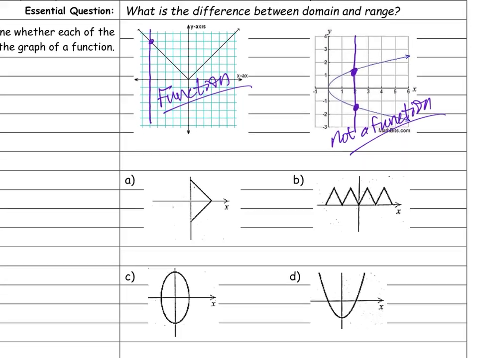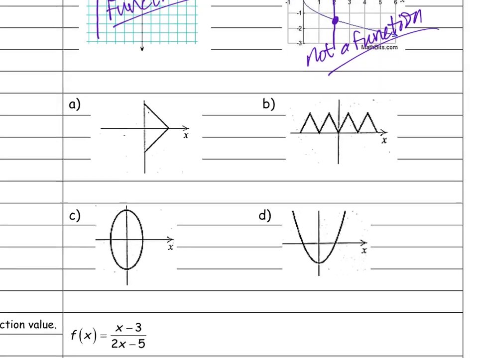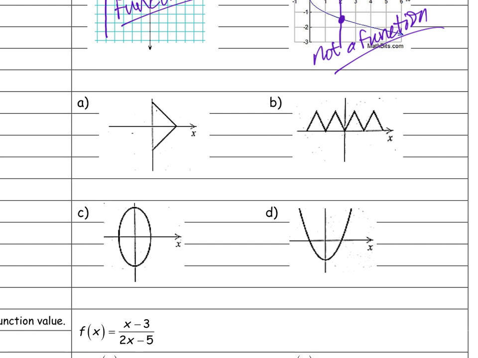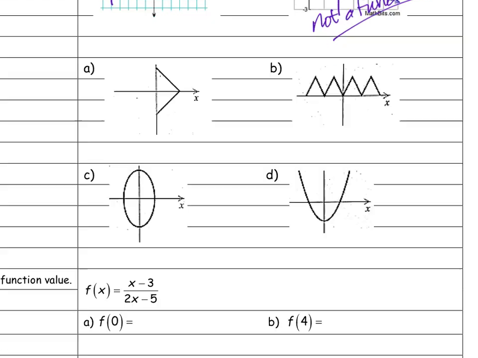So I want you guys to do the next 4. All you have to do is write function, not a function. F, NF, however you guys want to type it into the chat box. There should be 4 of them. It shouldn't take you too long. I'm going to pause. Okay, so number A, if I drop a vertical line, it's not a function.